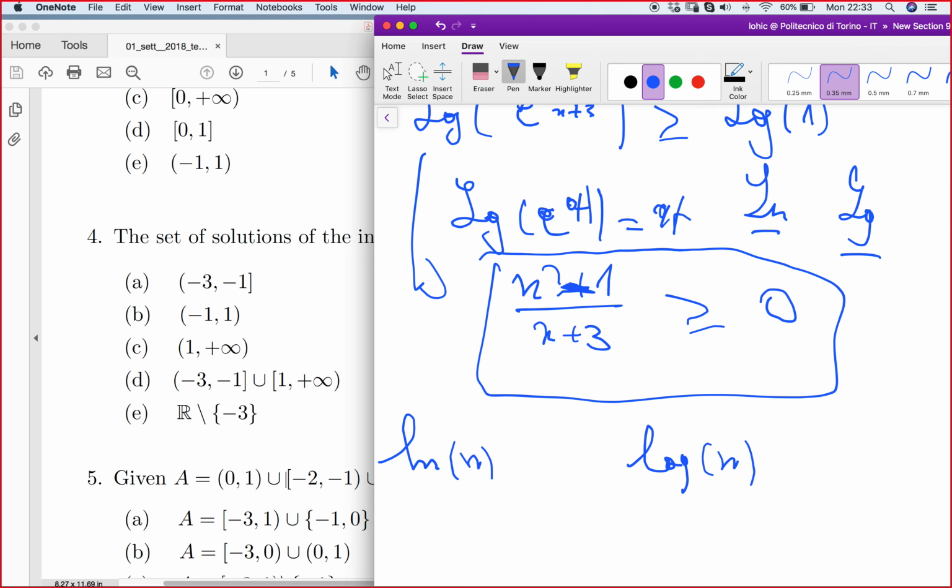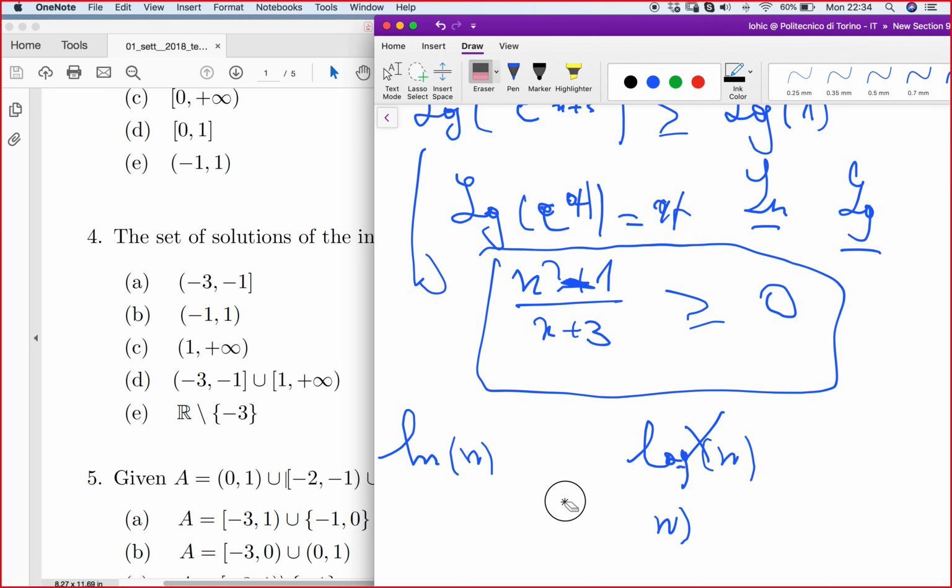But there is a difference if you write it with a big L. This is not the same as that one. The logarithm with the big L is the logarithm in base 10. It is used in chemistry. Yes. Fine.